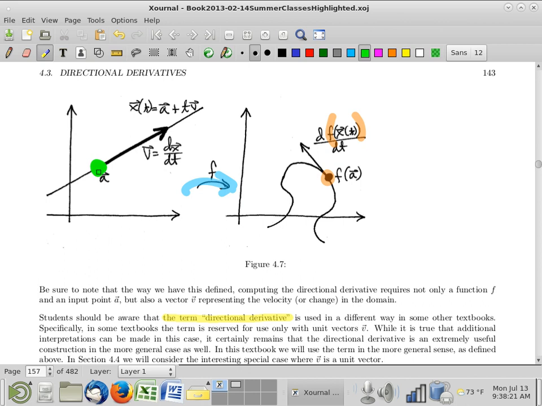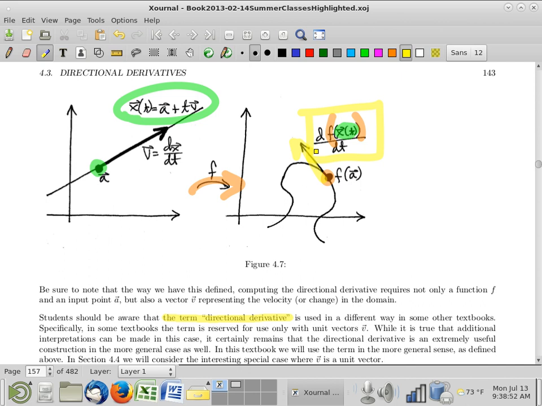So here's my position in the domain. Plugging these domain points, which are moving with velocity, into the function f gives me my position over here. And the derivative is a way of saying what the velocity of that image point is.